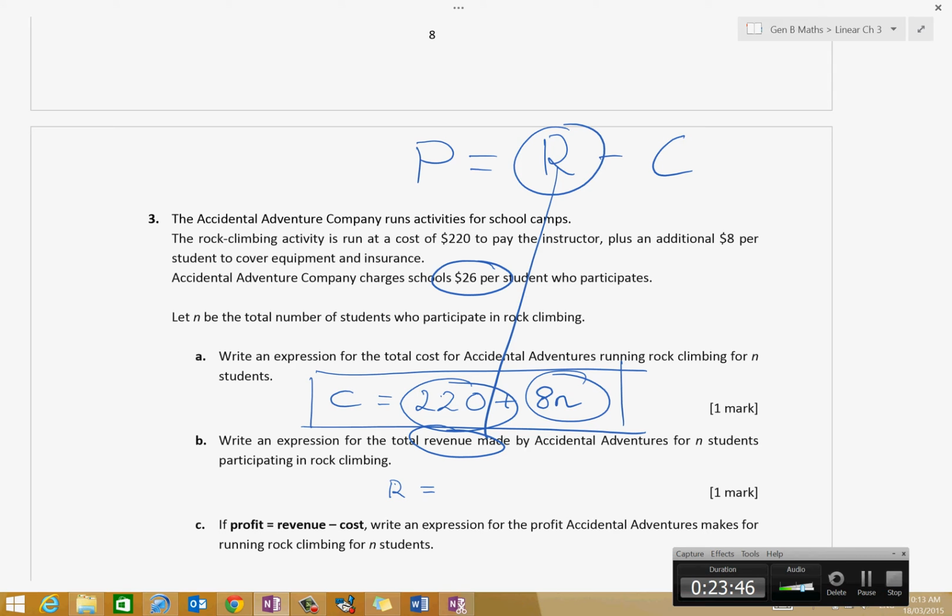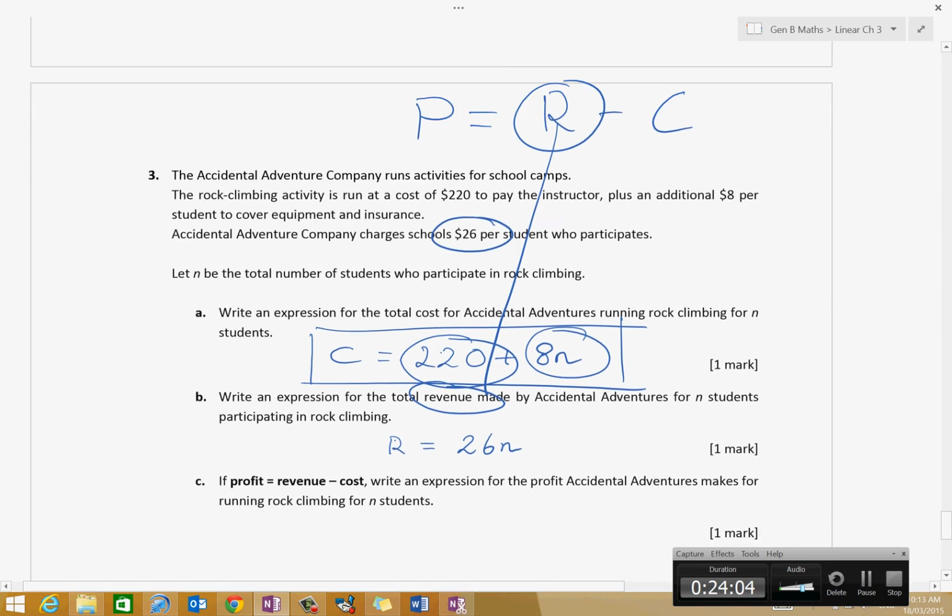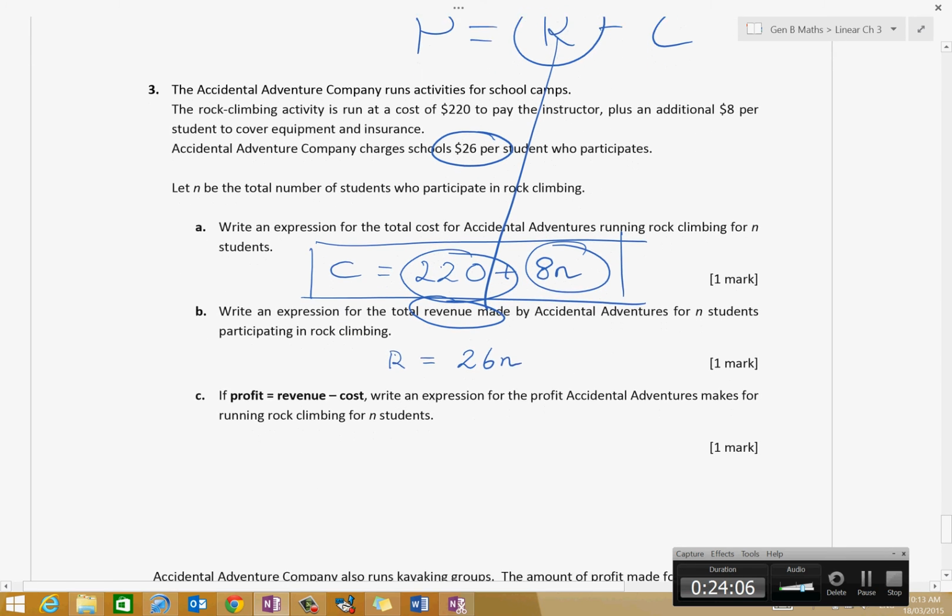And students are N. So how would I write that as an equation? 26N. Think about 20 students. 20 students times... Okay. Then please continue to follow.